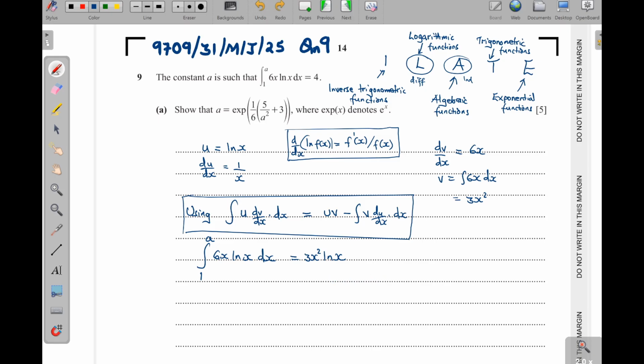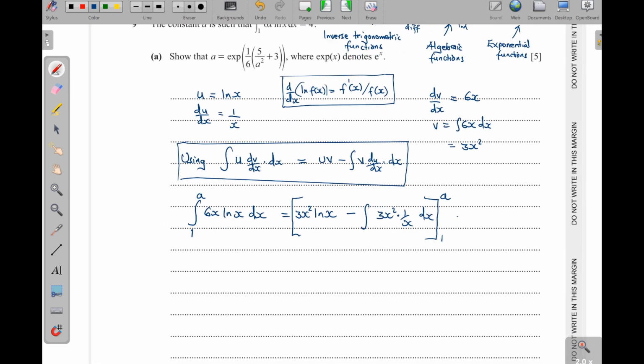Okay, then what else do we have? We have that, then minus the integral of what is our v? It is 3x squared, then times du dx is 1 over x, with respect to x. I'm going to put the limits of the integration, a and then 1. But then this one, they said it is equal to 4.